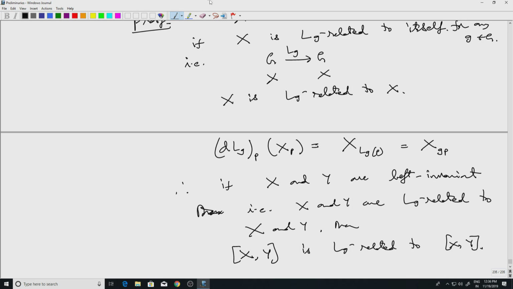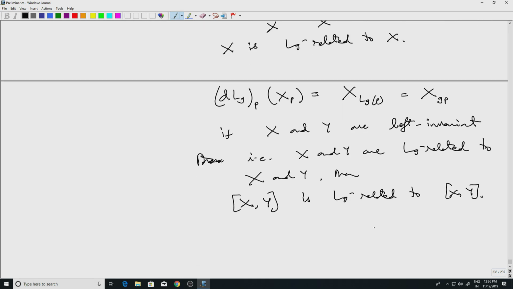Actually, the "therefore" here is not appropriate. So this is L_g related to [X,Y]. Here therefore [X,Y] is left invariant, and this is for any g in G. Therefore [X,Y] is left invariant.